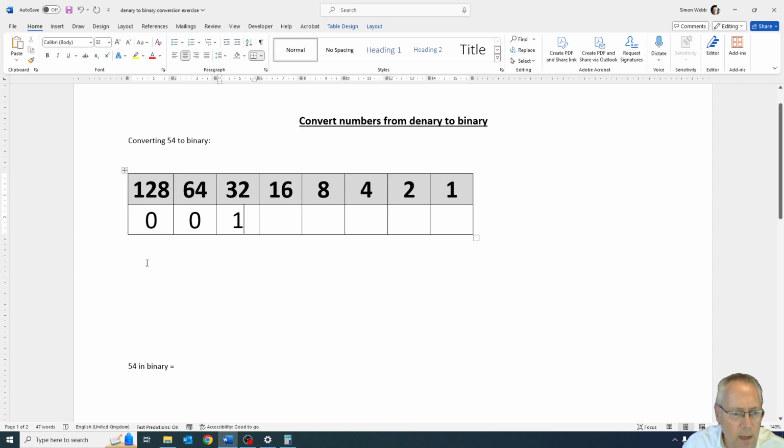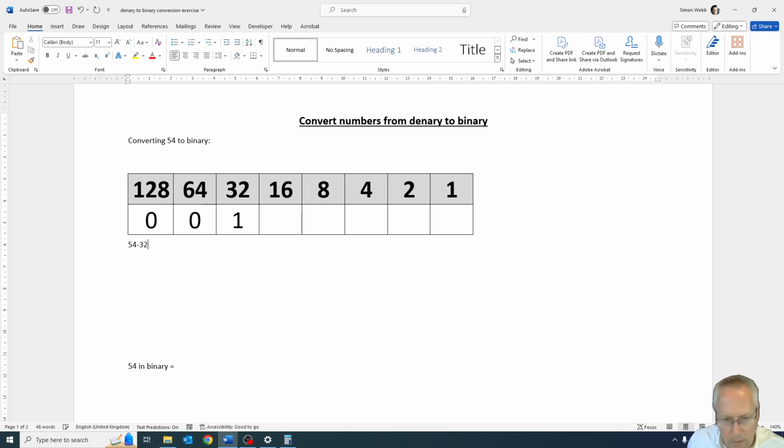What we do then is start subtracting the two digits. We've got our original number of 54, and we're going to subtract the 32 that we've just got, and then work out the answer. So 54 minus 32 is 22. So now we're working with 22, and we're looking at the next cell.